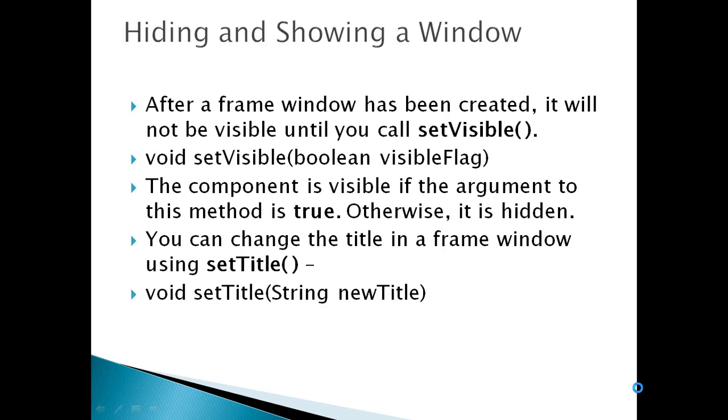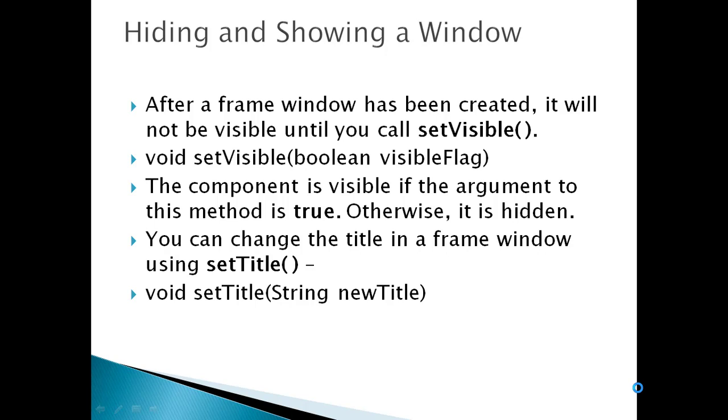Next is how we can hide and show a window. When we create a frame window, by default it is hidden, that is, it is not shown on the screen. To show this window we need to use the setVisible method.